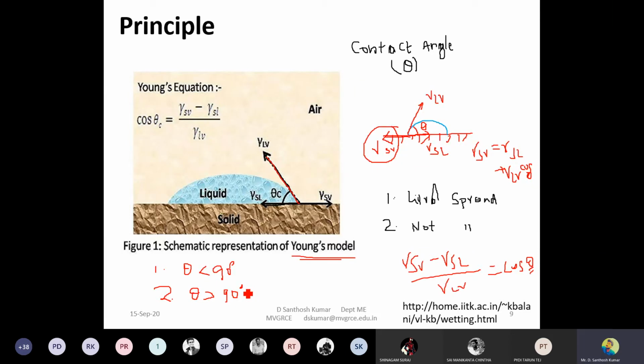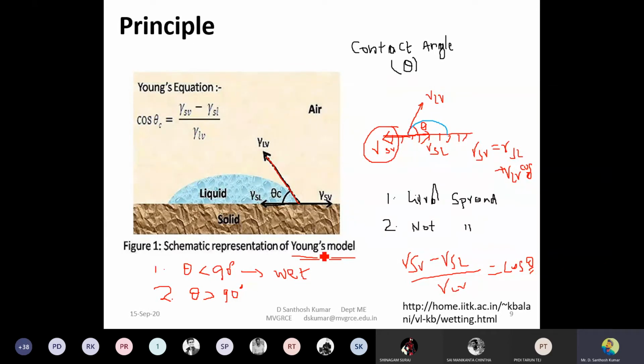So if the case is theta is less than 90, nothing but our first case, then the liquid will wet the solid surface. So if you have it like this, then you can simply say it is wet. And another case is that if theta is greater than 90, then the liquid will not spread or will not wet the solid surface.